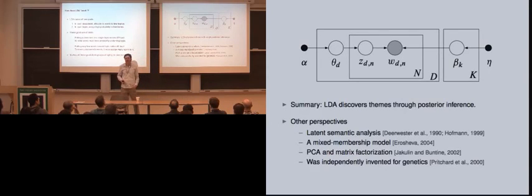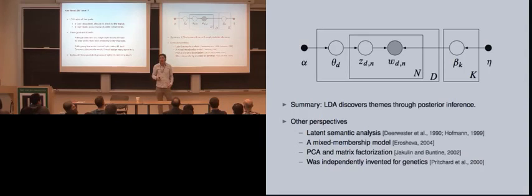LDA discovers themes in big collections of documents by using posterior inference. Just to give you some history of this, LDA really builds on the seminal work in cognitive science and machine learning on latent semantic analysis, right, which was the first time scholars took document by term matrices and factorized them. Right, and this is the work by Deerwester et al., 1990.